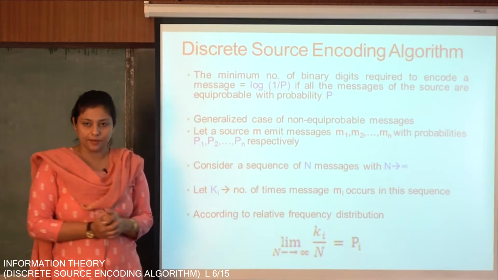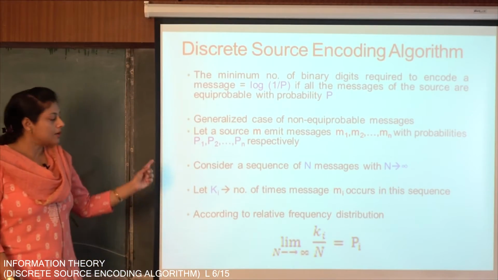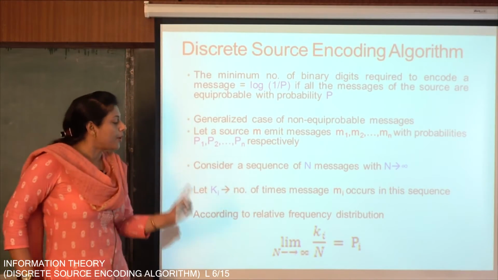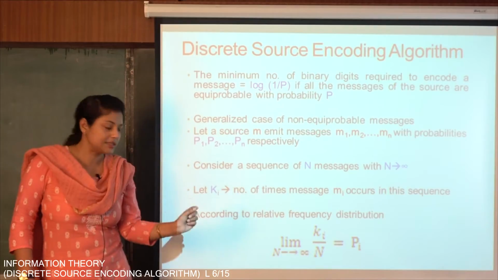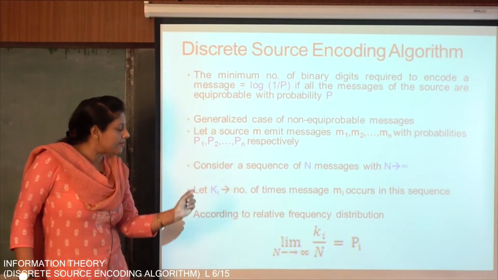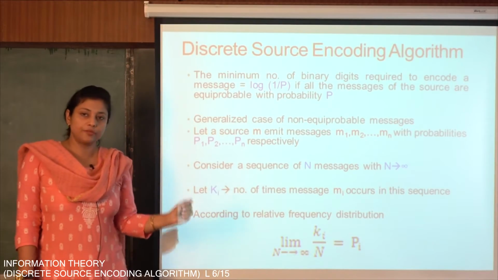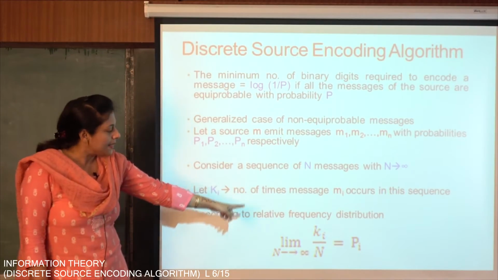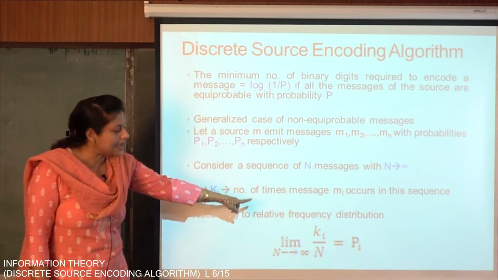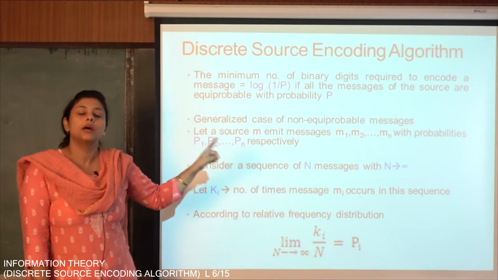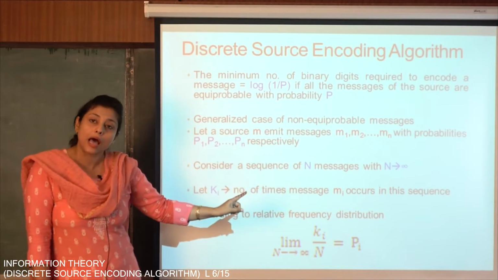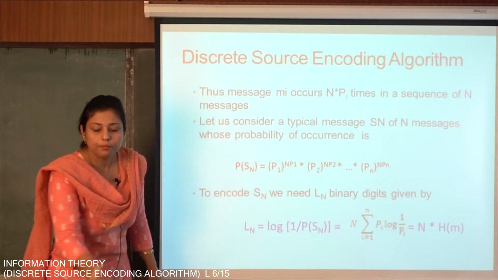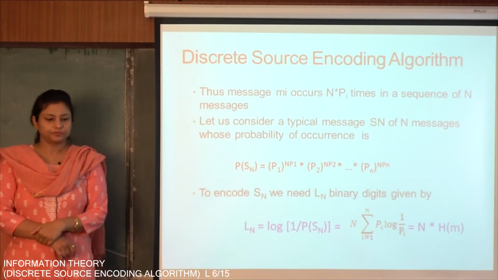Let us go back again. According to relative frequency distribution, let Pi be the probability of occurrence of the message Mi, so we can write it as limit N tends to infinity Ki by N. Now from here we can write, what is Ki? Ki is the number of times the message Mi occurs in the total sequence N. So that is given as Pi into N.